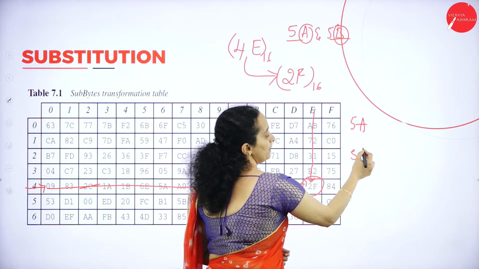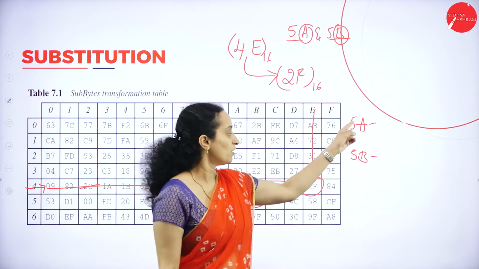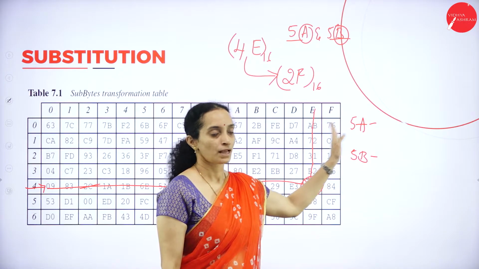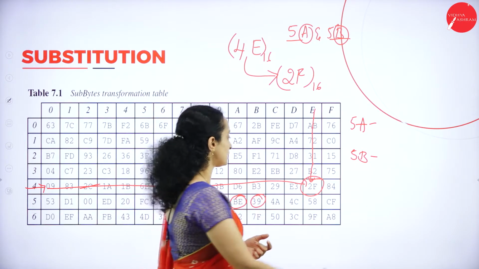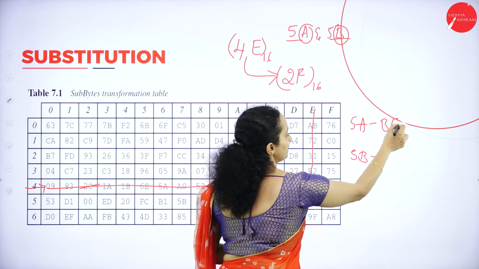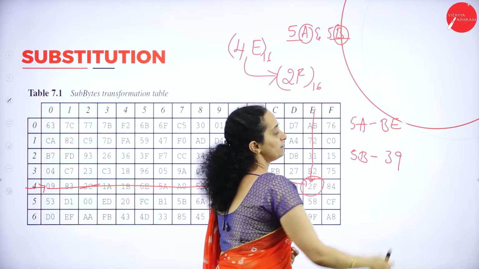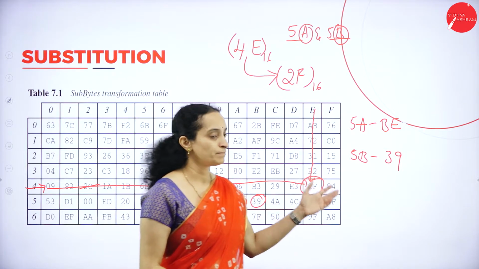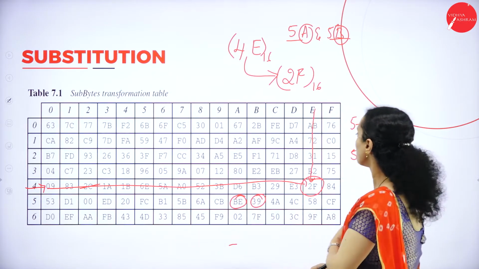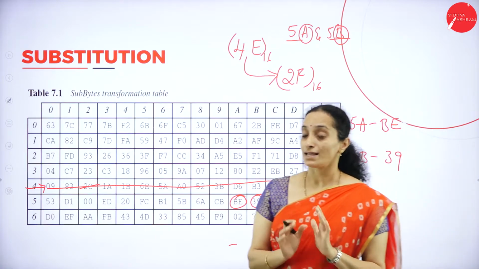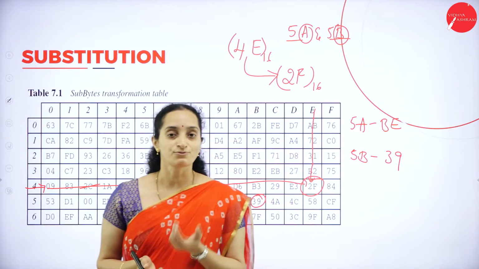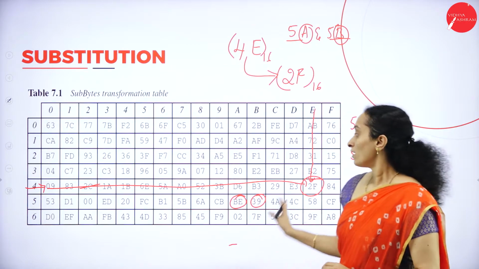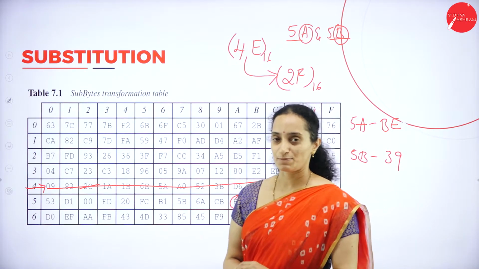Even though they differ by only 4 bits, the transformation differs them in all 8 bits. 5A will be substituted by BE, whereas 5B is substituted by 39. So sometimes the input will look similar, but when you transform it using the substitution table, you will get completely new transformed data.